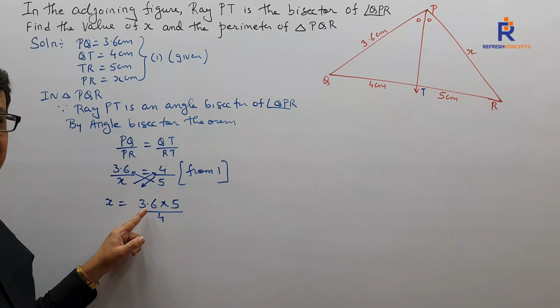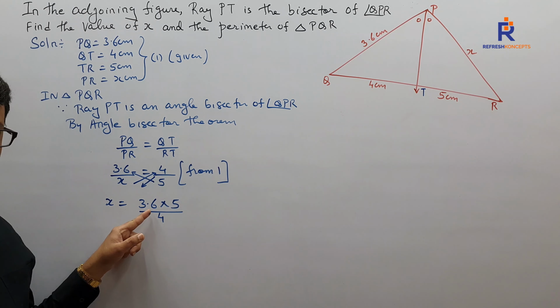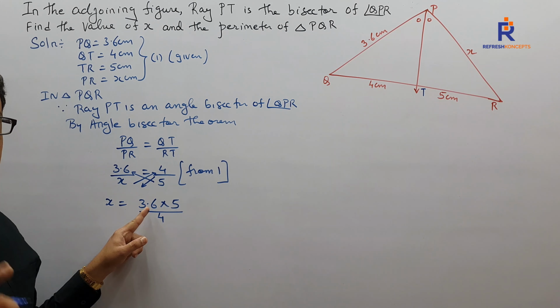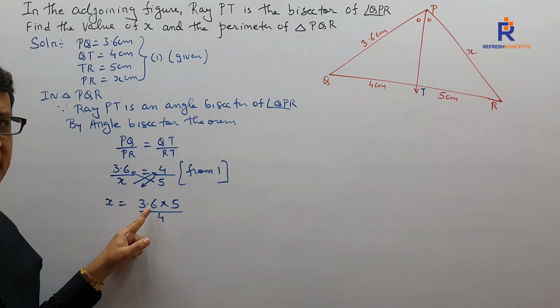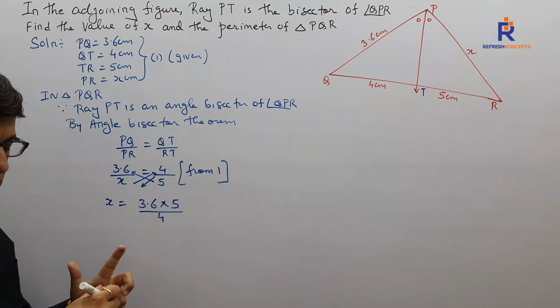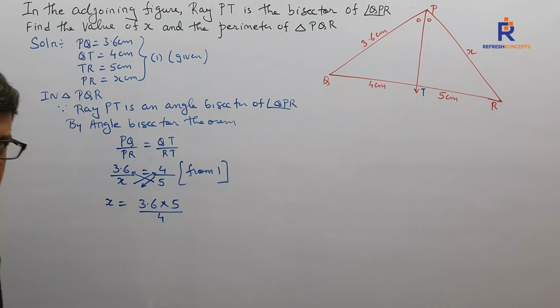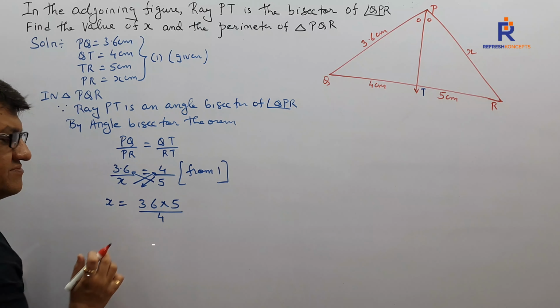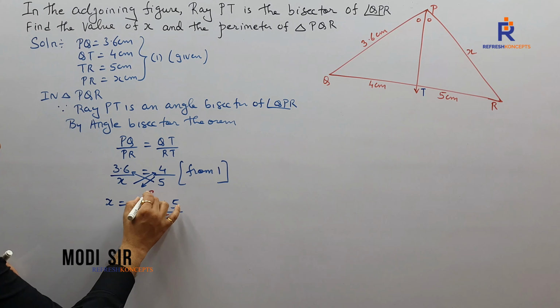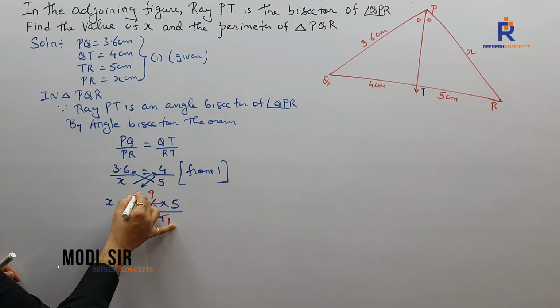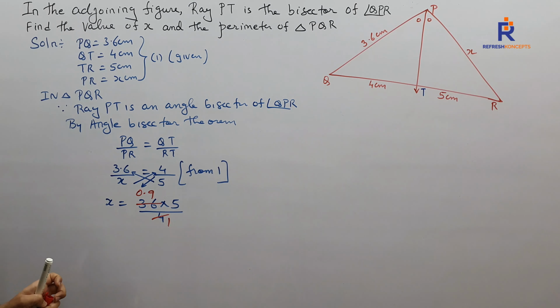Those who want can multiply by 10. I will always say ignore the decimal while calculation. I'll ignore this. 4 1s are 4, 4 9s are 36. Now put it 0.9. Why? Because it was 3.6.